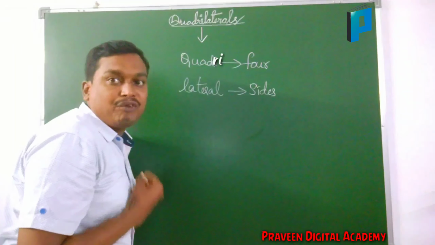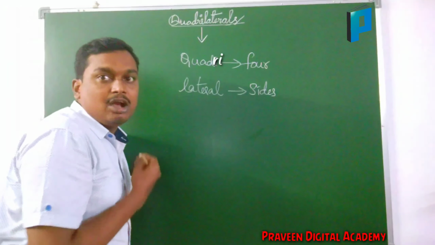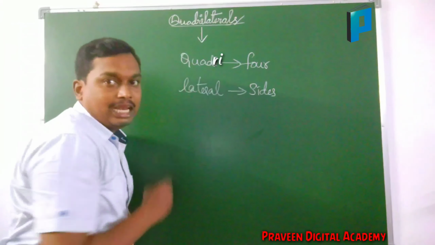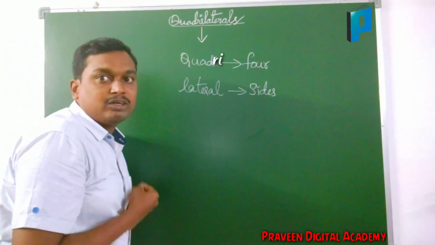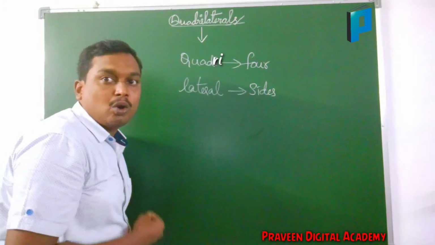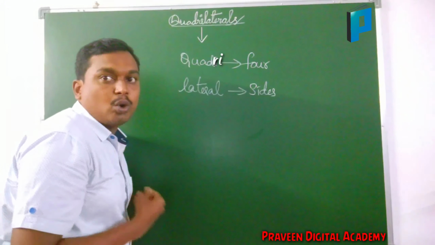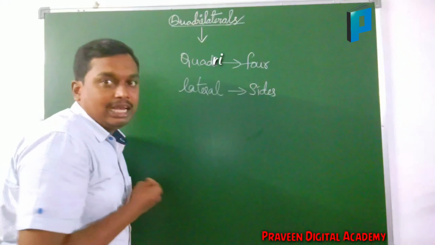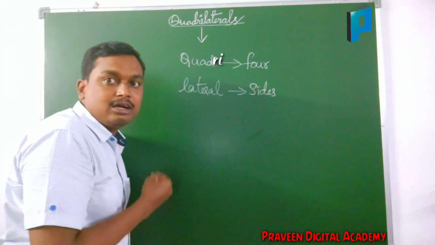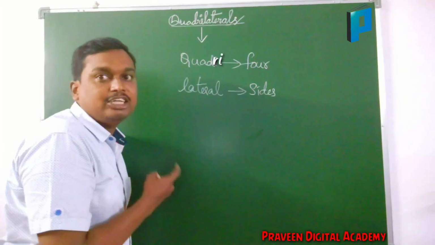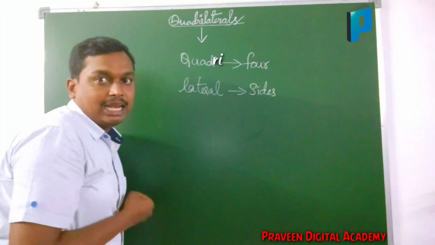It means the figure bounded with 4 sides is called a quadrilateral. Or in general words we can say it as the closed figure formed with 4 sides is called a quadrilateral. A closed figure formed with 4 sides and angles is called a quadrilateral.